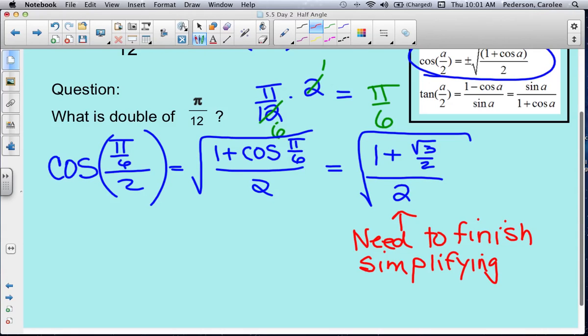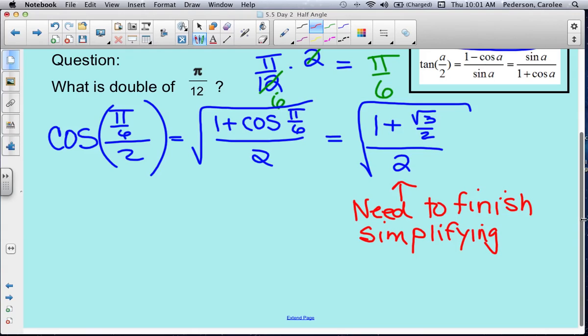So what would we do with that 1? We have to change that denominator. Yep, 2 over 2. And then plus square root of 3 over 2 is square root of 3 plus 2 over 2, divided by 2.